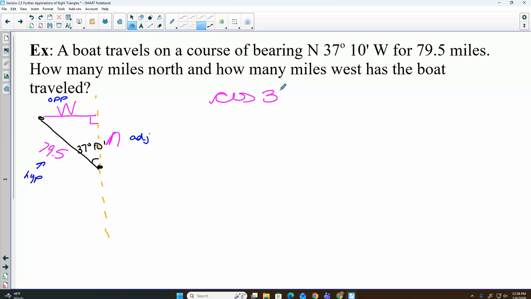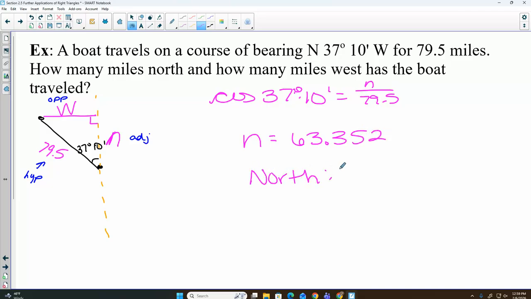So the cosine of 37 degrees, 10 minutes equals n over 79.5. How many significant digits do we have in the problem? 3. So if I round this to 3 significant digits, we get 63.4 miles.